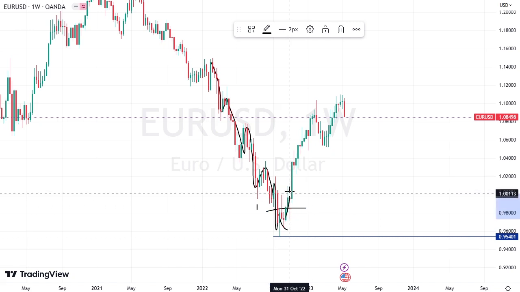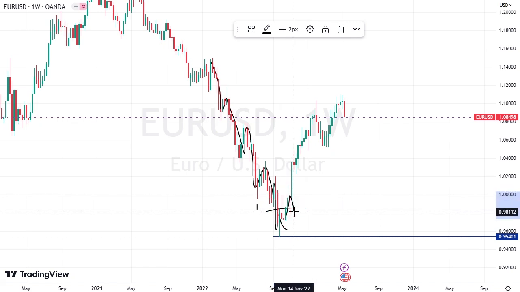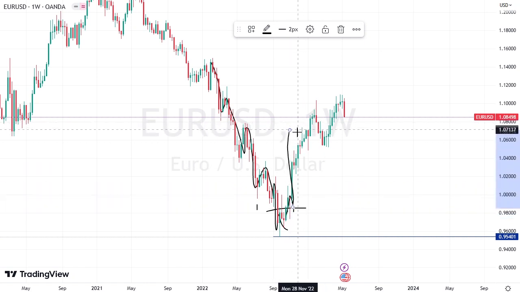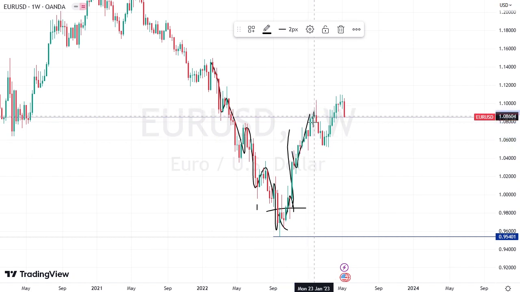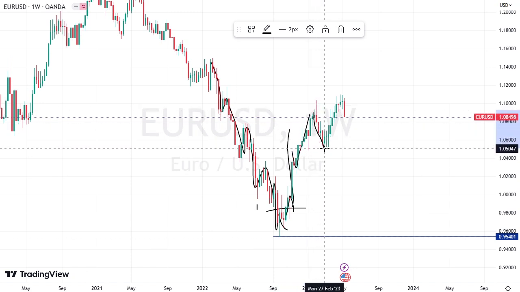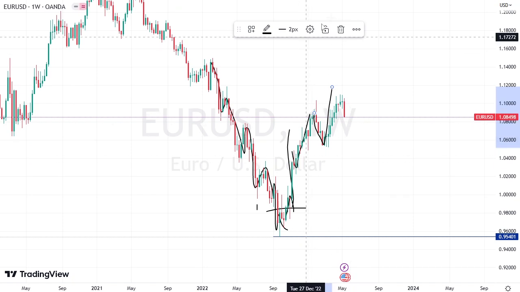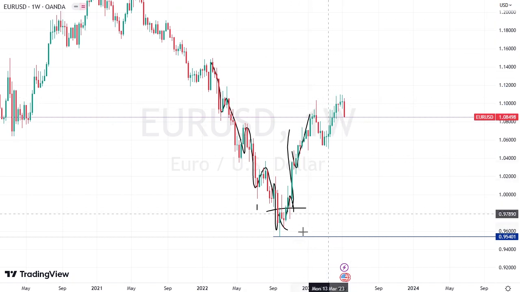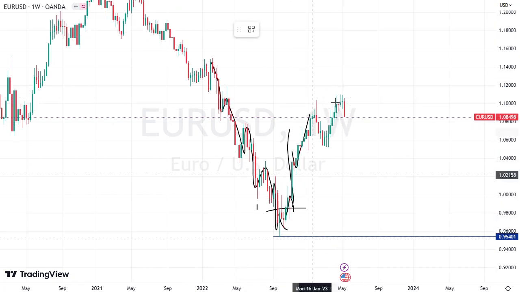We're looking for buying opportunities. So there's a retest here, then we had an impulse. Another retest here, then an impulse. Another swing low and an impulse. So that's why we're looking for buys.